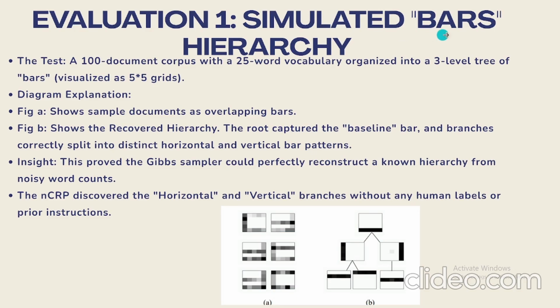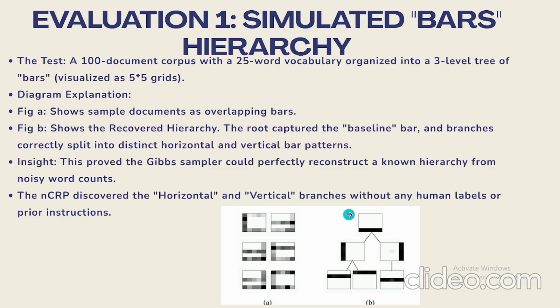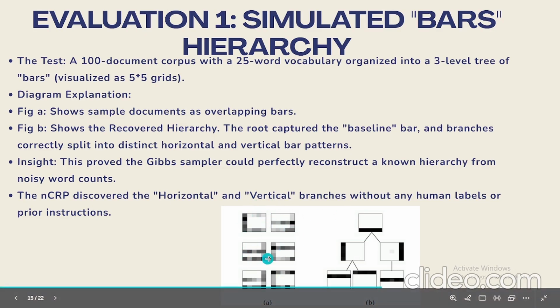First we have the bars experiment. They created a document made of overlapping horizontal and vertical lines. As you can see in figure B, HLDA perfectly reconstructed the hierarchy of this document, which has overlapping horizontal and vertical lines.